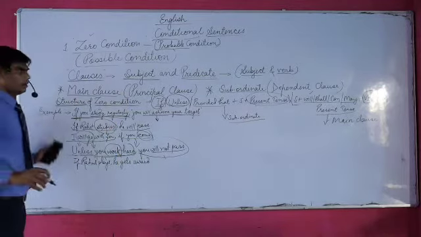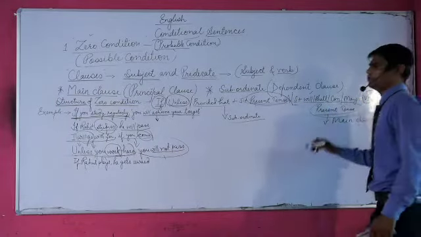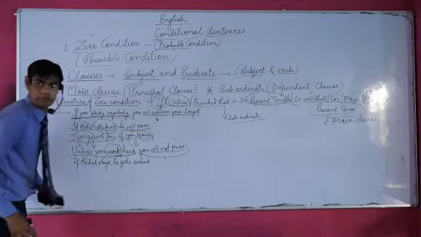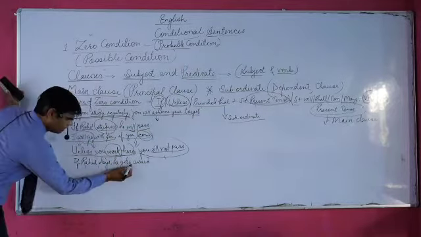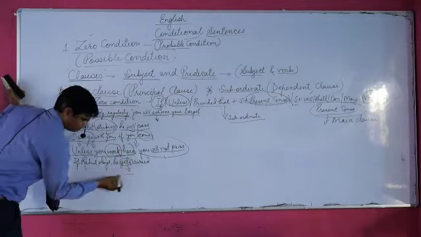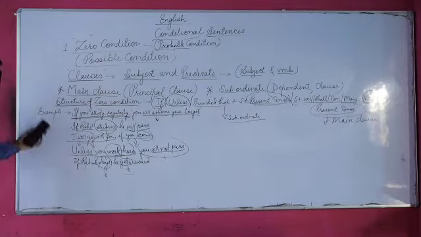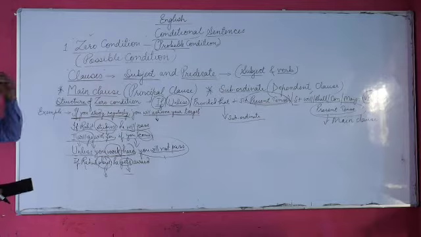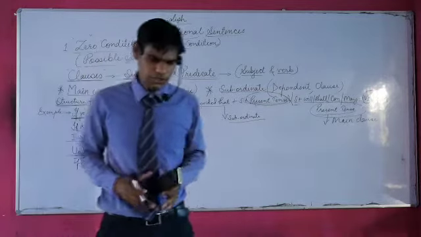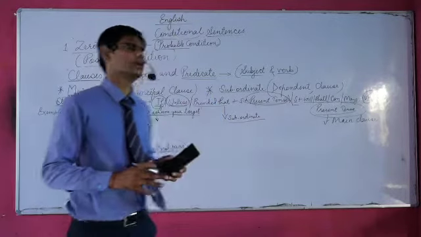Look here, as I told you, it is present, and here also we have present sometimes. There is no need that we will have future, may or can, or all these. Look, this part of the sentence is present, and this is also present. So it is called the zero condition. There is a possibility of the condition's fulfillment.